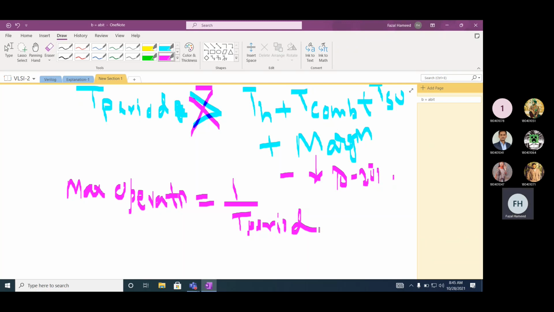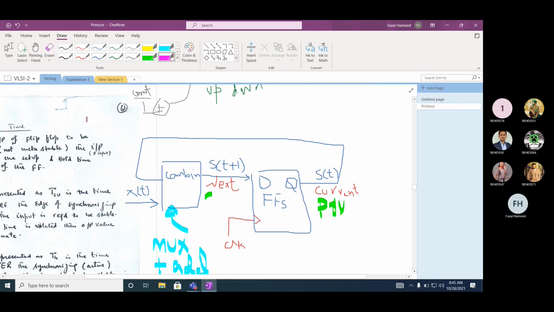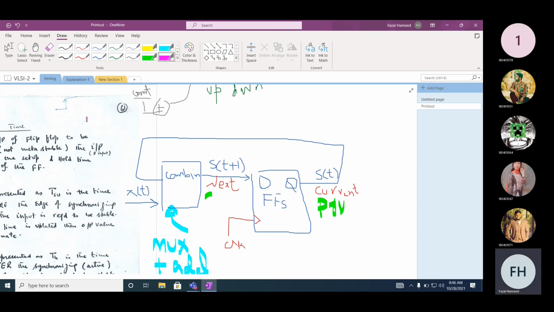If the clock is fast, there will be more transitions, from 0 to 1, 1 to 0, faster. But if the clock is slow, there will be fewer transitions per unit time. There are various trade-offs that we will study in more detail. But for now, we have studied how a sequential circuit looks at a very high level.